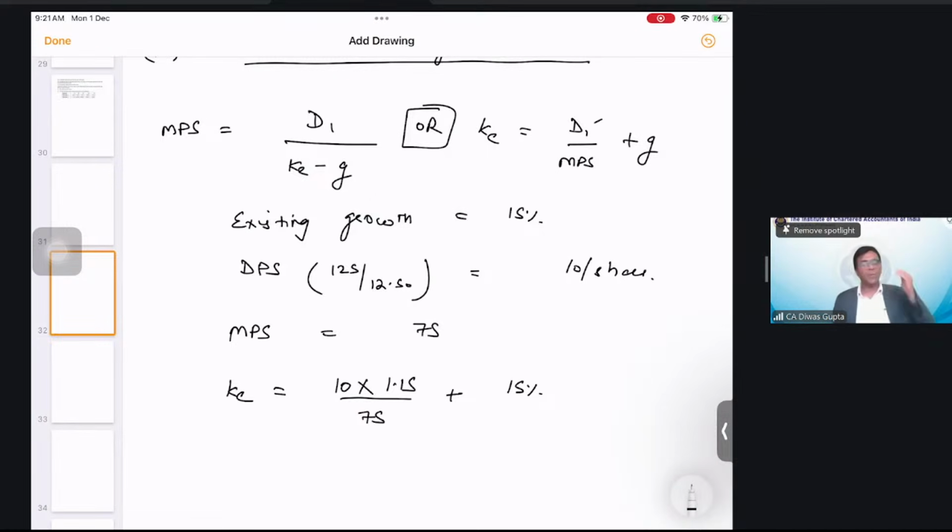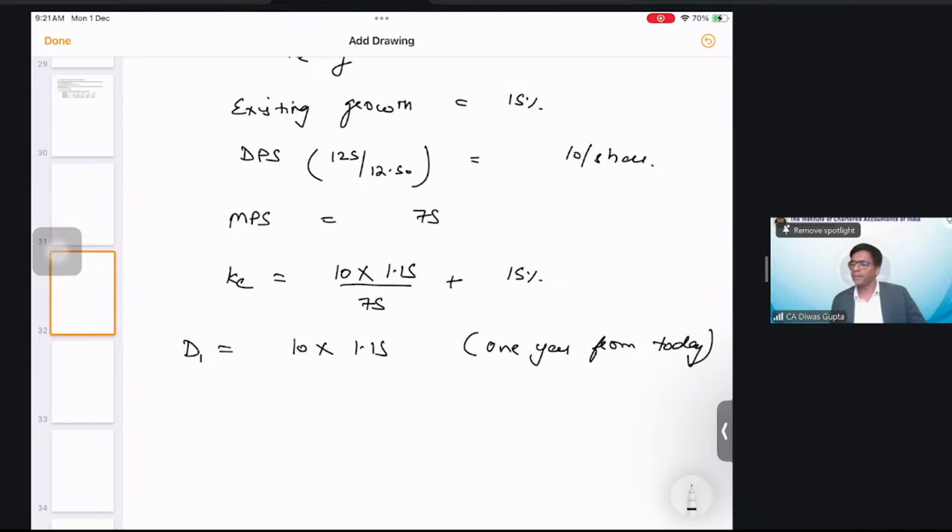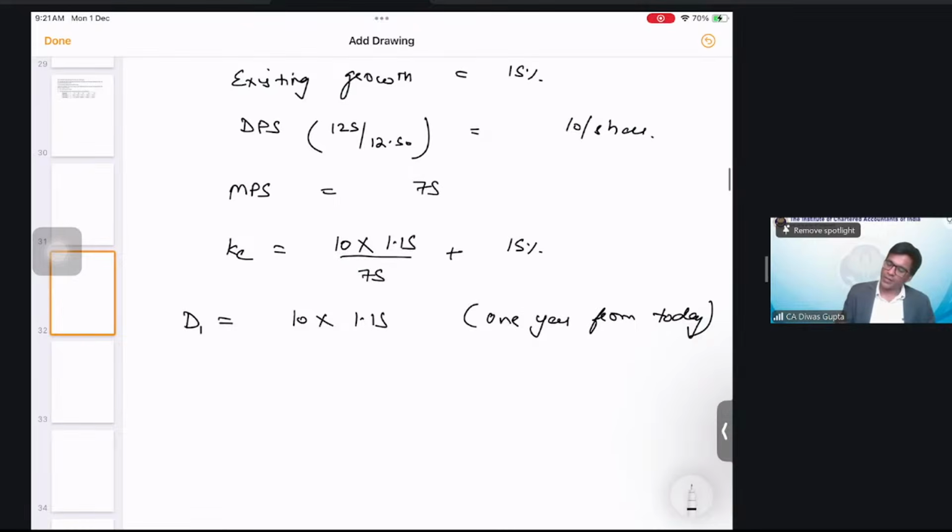Clear? So 10 rupees is the dividend as on today. We have to calculate D1. So here D1 is equal to 10 into 1.15, which is 1 year from today. Okay. So this is one.